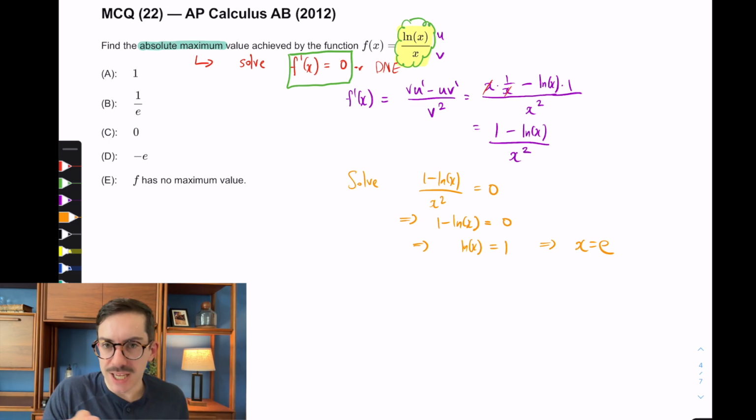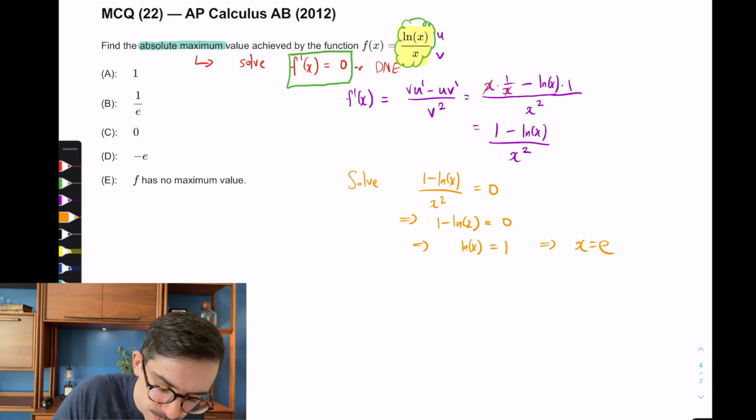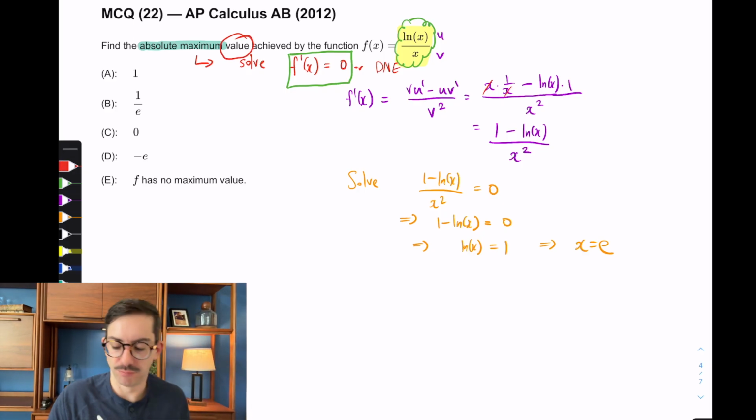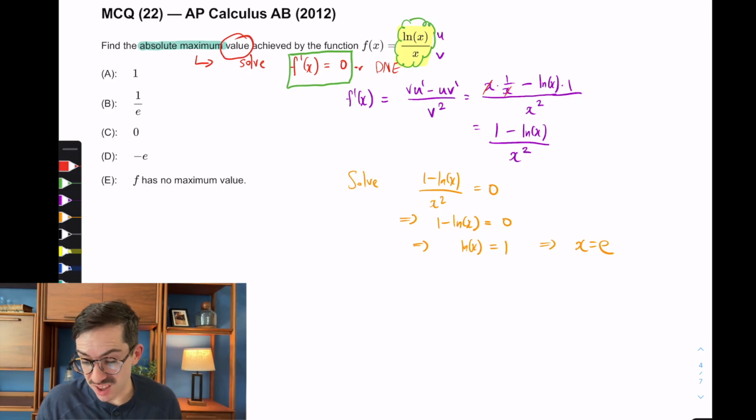So maybe we're tempted to say f has no maximum value, because something went wrong along the way. But remember, it was the absolute maximum value. It's also possible that this is telling me about a minimum value this function has.